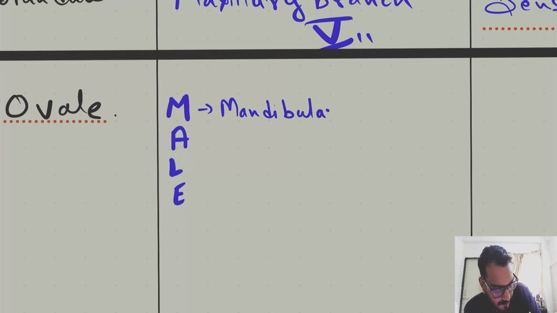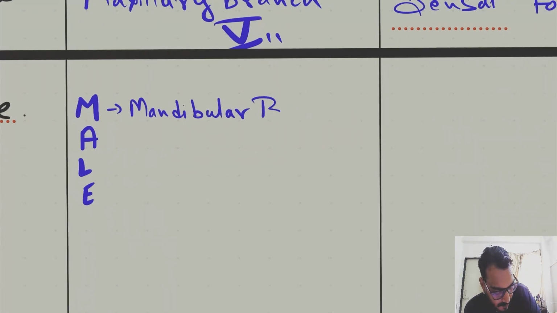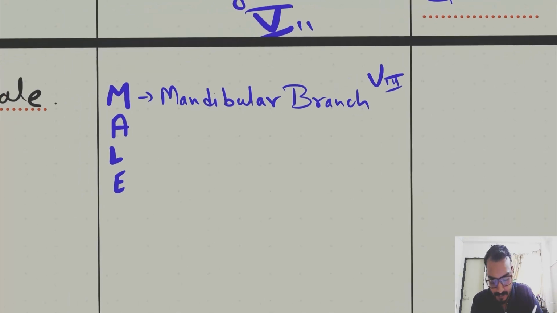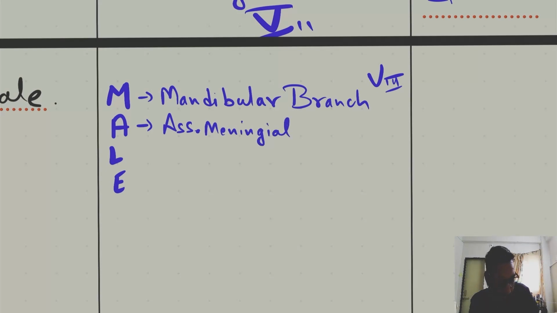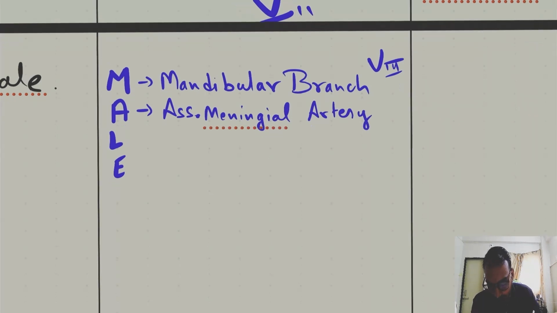Mandibular branch, which is V3. A stands for accessory meningeal artery.